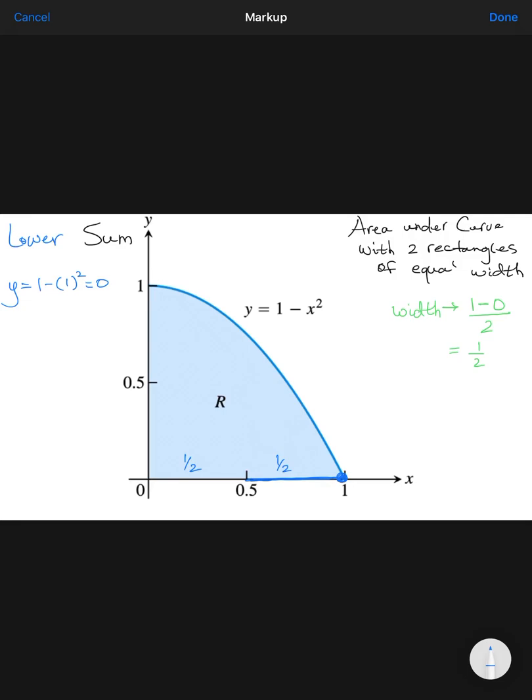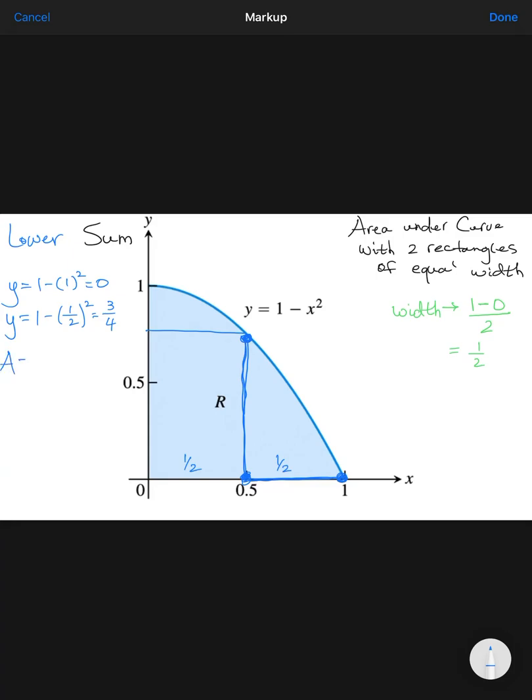This is a height of 0. And then we plug in 1/2. Plugging in 1/2 gives us our other rectangle. y equals 1 minus 1/2 squared, that is equal to 3/4.